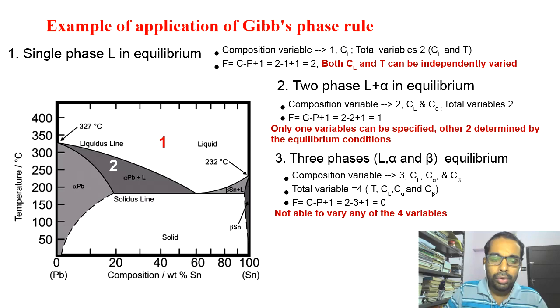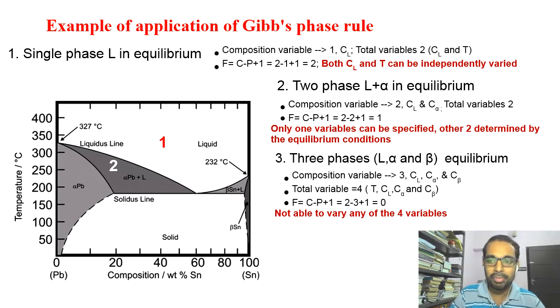Now we are considering different cases. The first one we will consider is the single phase L in equilibrium, the top portion of the phase diagram, which I represented as 1. Since there is only a single liquid phase, there is only one composition variable, Cl, the liquid alone.